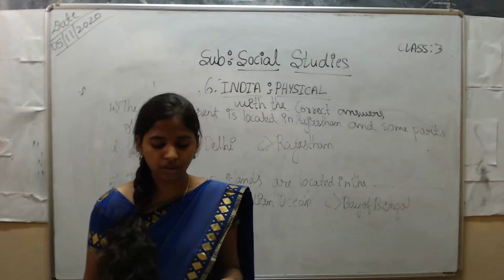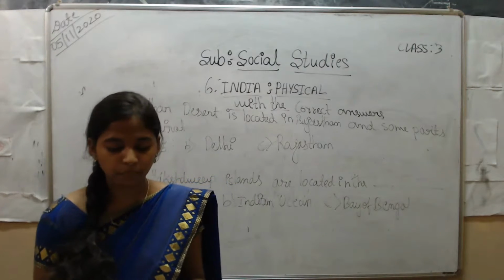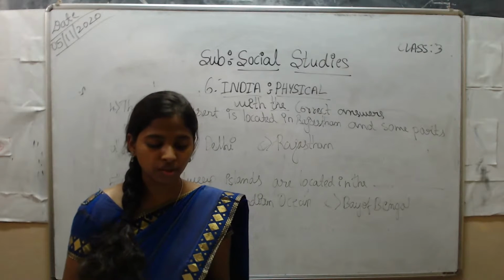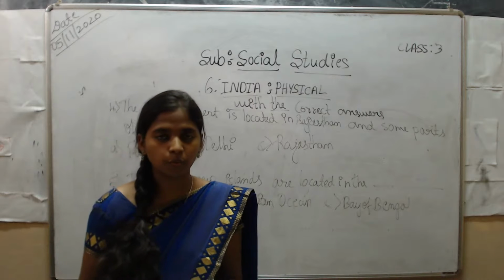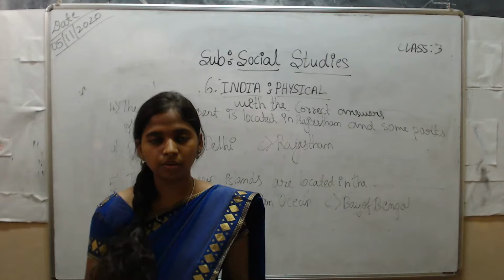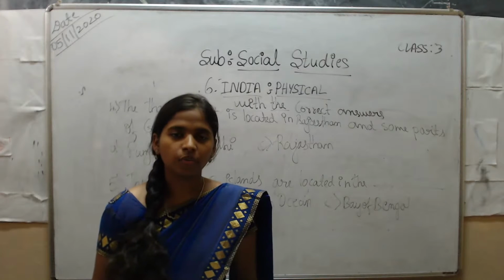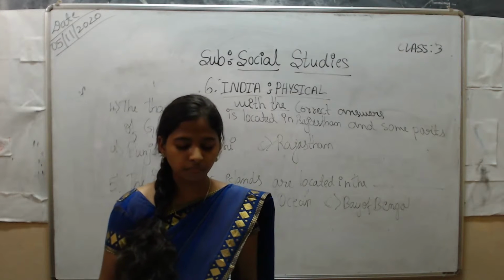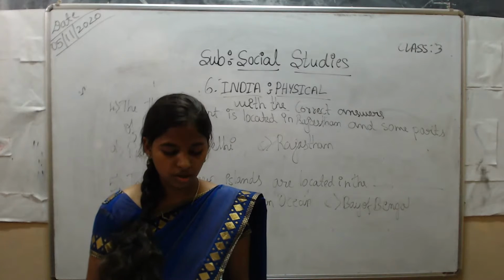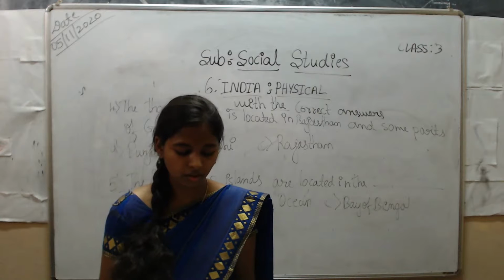So find out the different types of adventure sports that people do in the mountain region. They are asking you to find out the adventurous sports done in these mountain regions, and you have to think and answer.